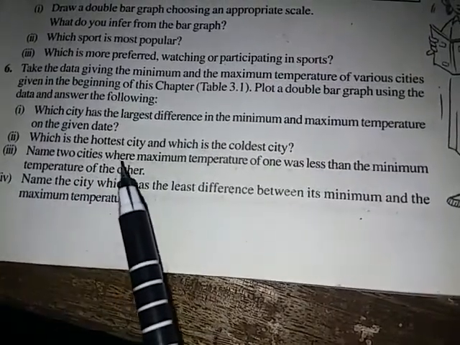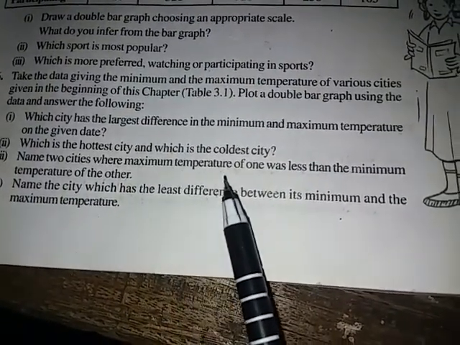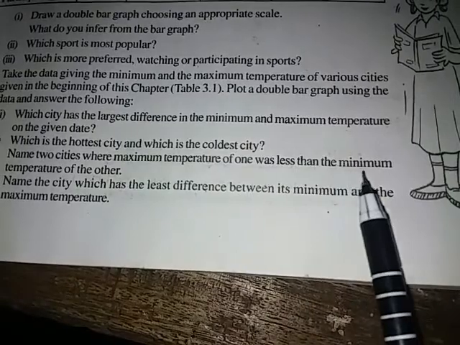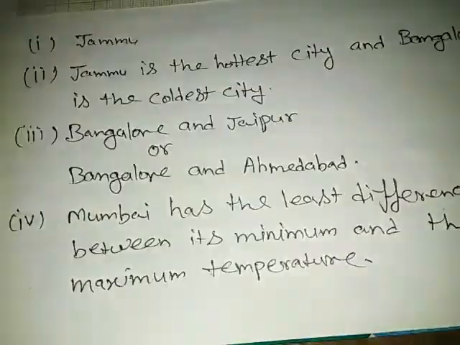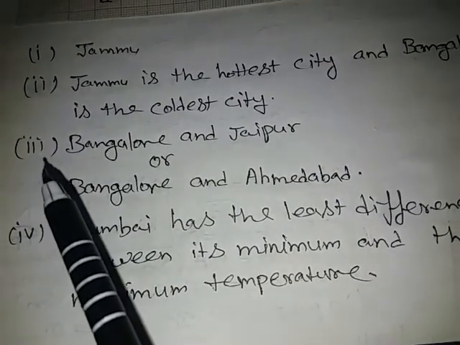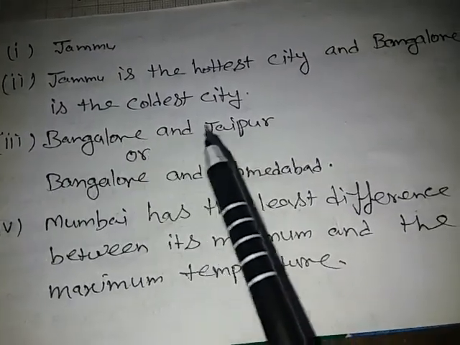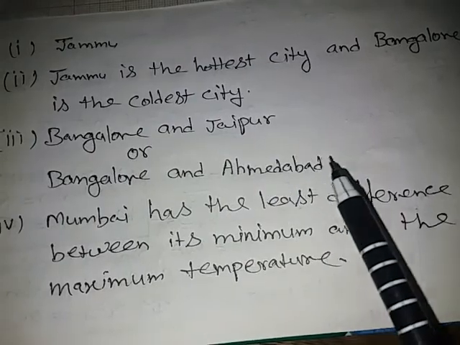Part 3 says name two cities where the maximum temperature of one was less than the minimum temperature of the other. Answer of question three: Bangalore and Jaipur, or Bangalore and Ahmedabad.